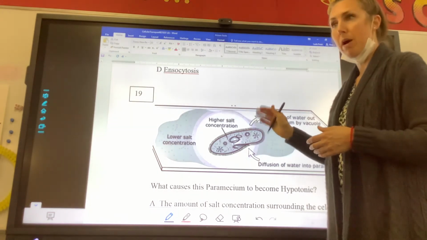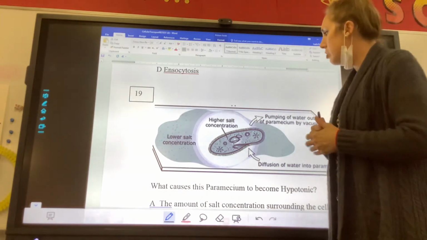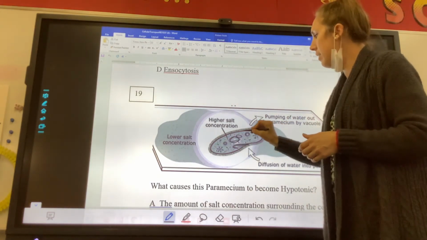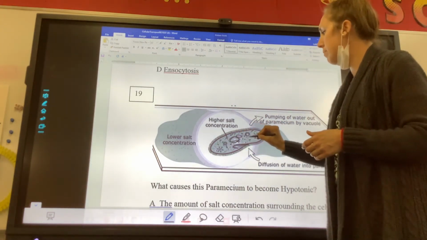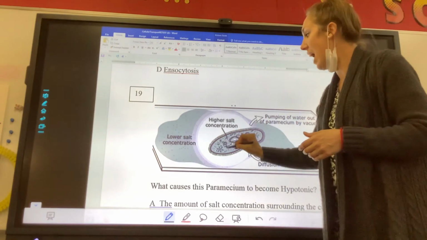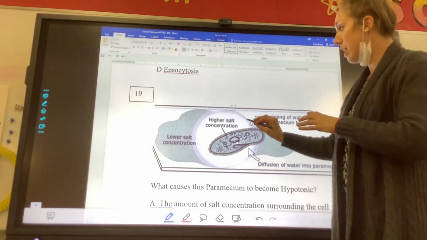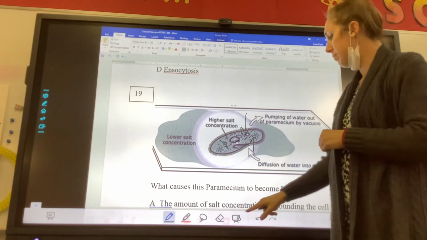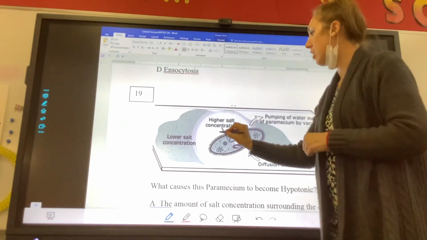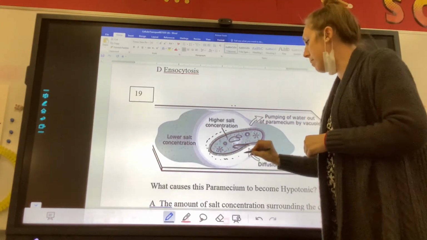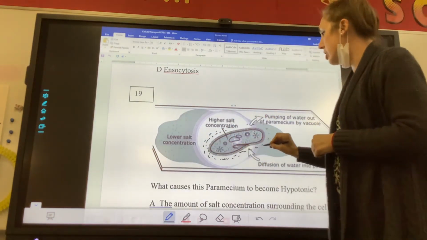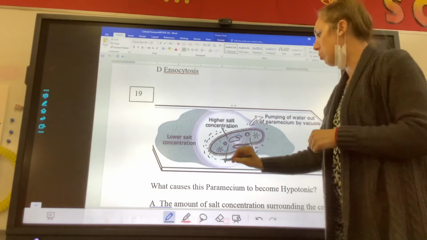Why would water want to come out? Remember, water goes to the party. If the concentration inside of the paramecium was higher than the concentration outside, water would move in. If the concentration outside of the paramecium was higher than the concentration inside, it's going to lose water.